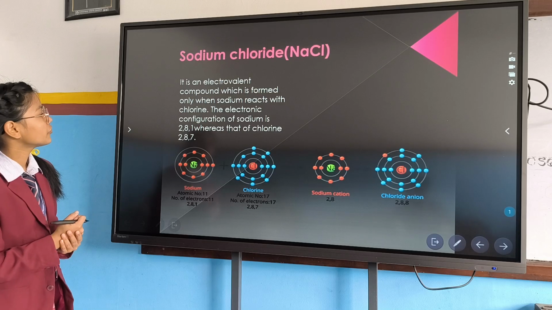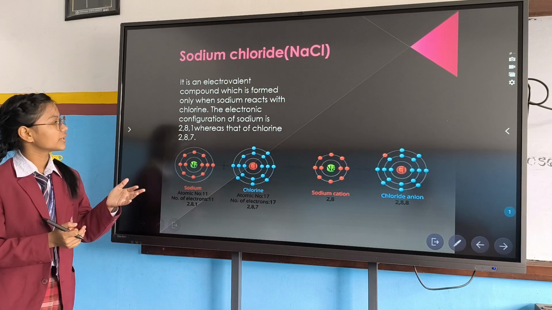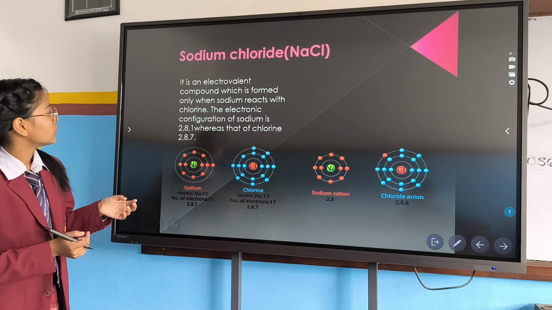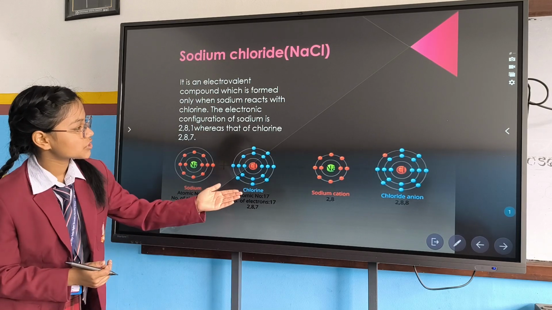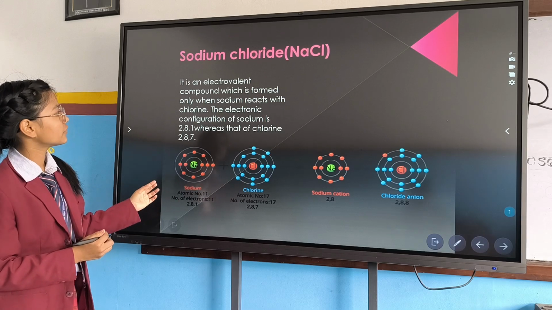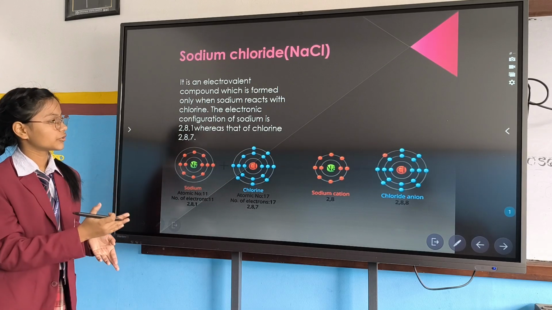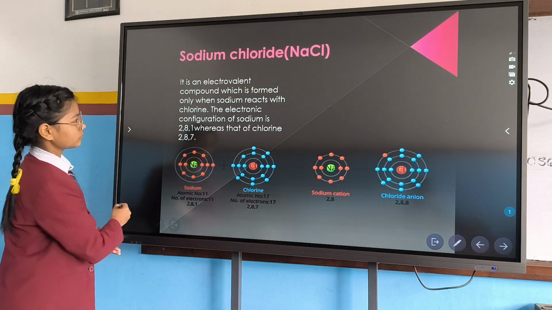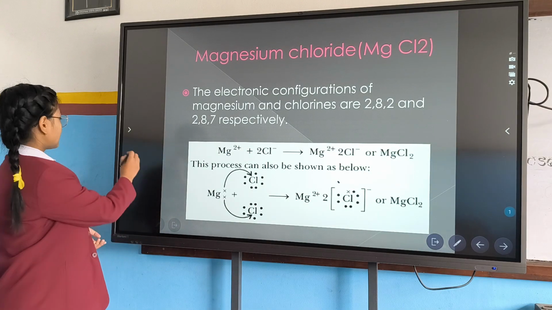The electronic configuration of sodium is 2, 8, 1, whereas the electronic configuration of chlorine is 2, 8, 7, and this figure shows the process of electrovalent bonding between sodium and chlorine. And next is magnesium chloride.